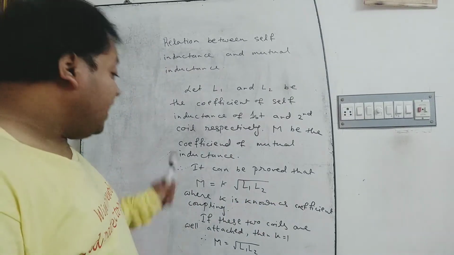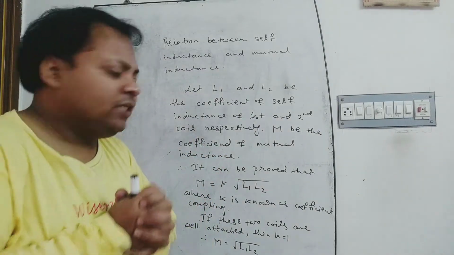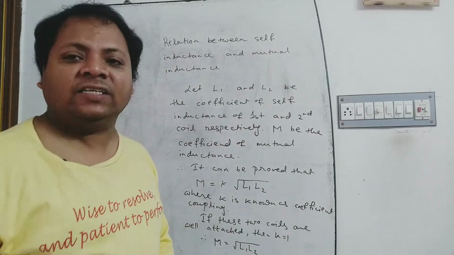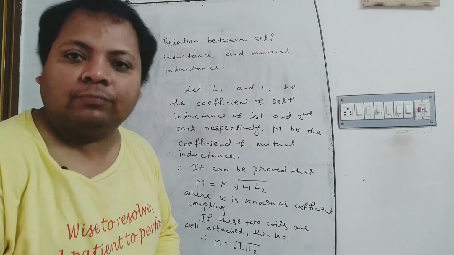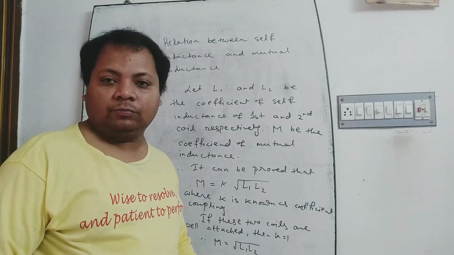If these two coils are well attached, then we can write K is equal to 1, that is 100% coupling. Therefore M is equal to the square root of L1 L2.